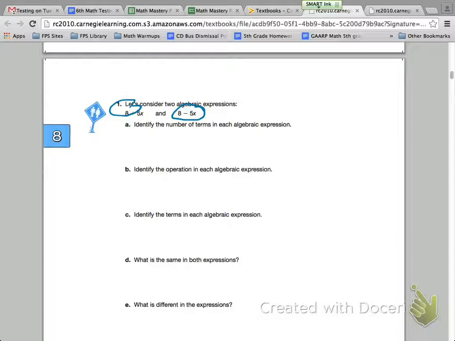And then the terms in each algebraic expression. So for 1, it would be 8 and 5x. And then for 2, it would also be 8 and 5x. And then for D, it says what is the same in both expressions.